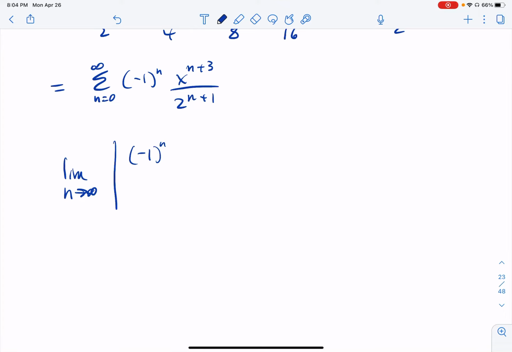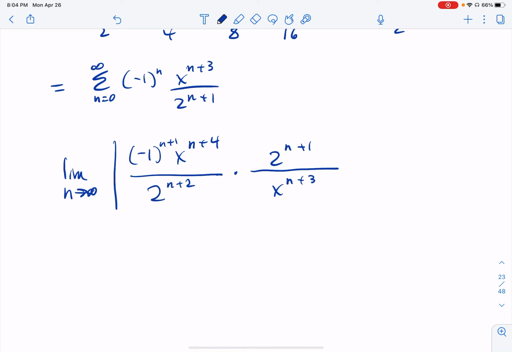I'm going to add 1 to it, x to the n plus 1 plus 3, so n plus 4, over 2 to the n plus 1 plus 1, 2 to the n plus 2 power, and then we'll just multiply it by the reciprocal. I forgot the plus 1 on this one. Not that it matters because that's going to go away. All right, on the top, that's going to be our regular 2 to the n plus 1, and then down here, x to the n plus 3.